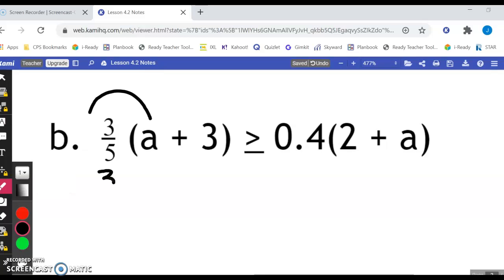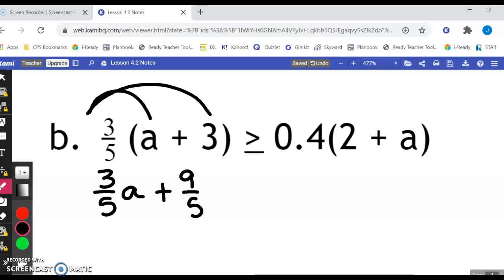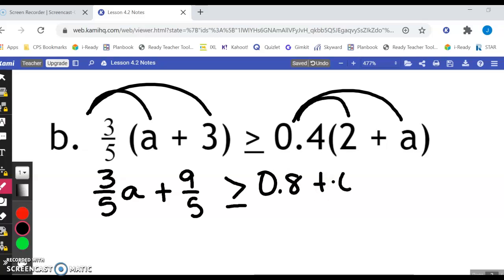So we're going to distribute this 3/5, so we're going to have 3/5 a, and 3/5 times 3 is going to give us, I'm going to leave it as 9 over 5 right now, and then our inequality symbol, and then we're going to do 0.4 times 2, which gives us 0.8, and then 0.4 times a would be 0.4a.